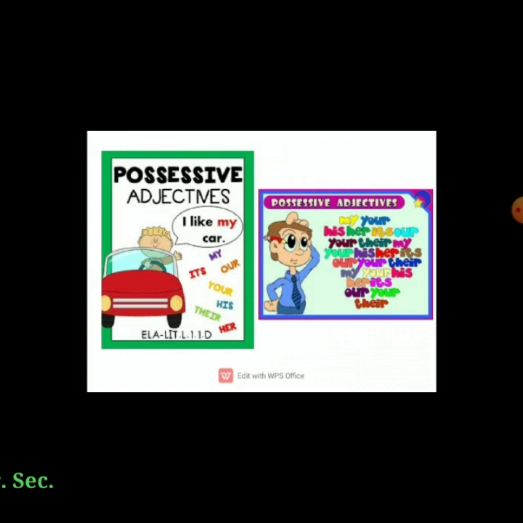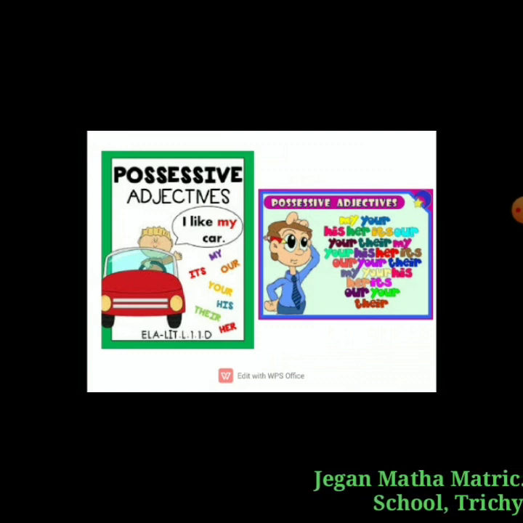For example, this is my book, in which my is possessive. This book is mine, so mine is a possessive pronoun here. This is my book, my is a possessive adjective. For examples I'm telling you. One more example: this is their room, so their room has a possessive adjective.